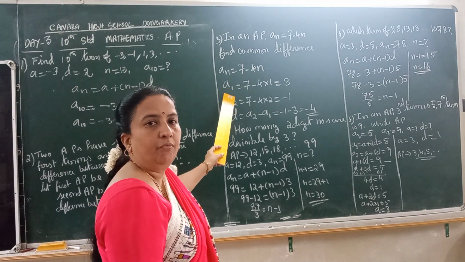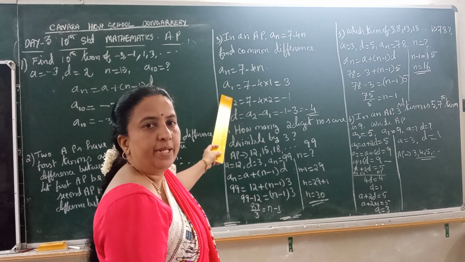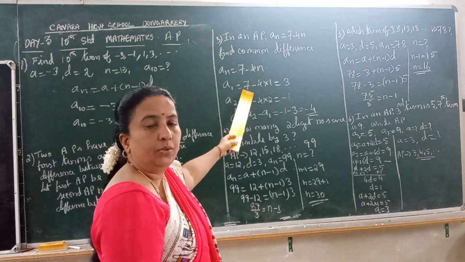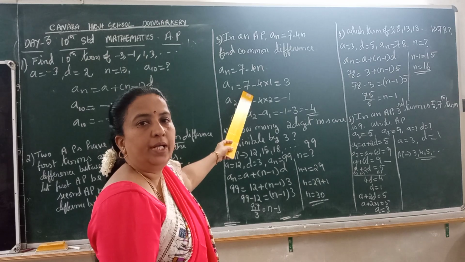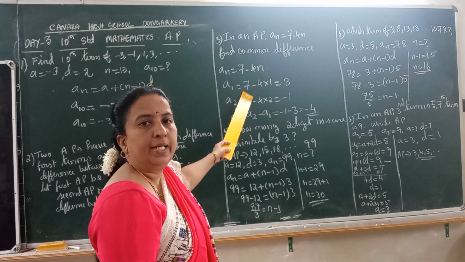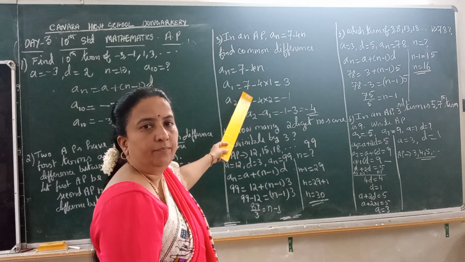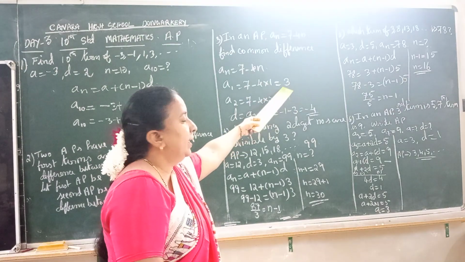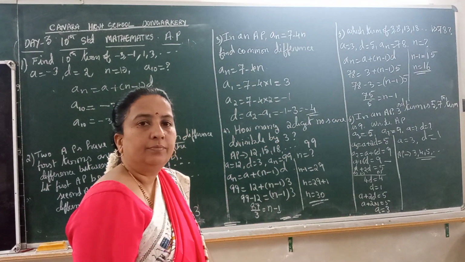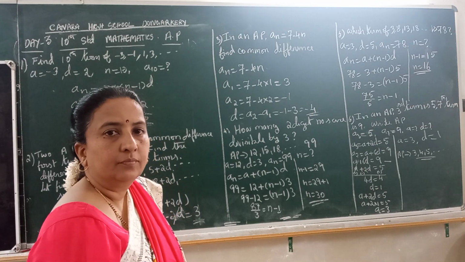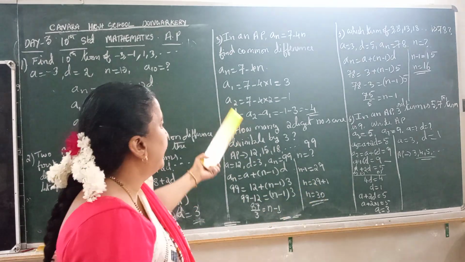In place of n write 1, then it will become a1. A1 is equal to 7 minus 4 into 1. 7 minus 4 is 3. Now let us write the second term.